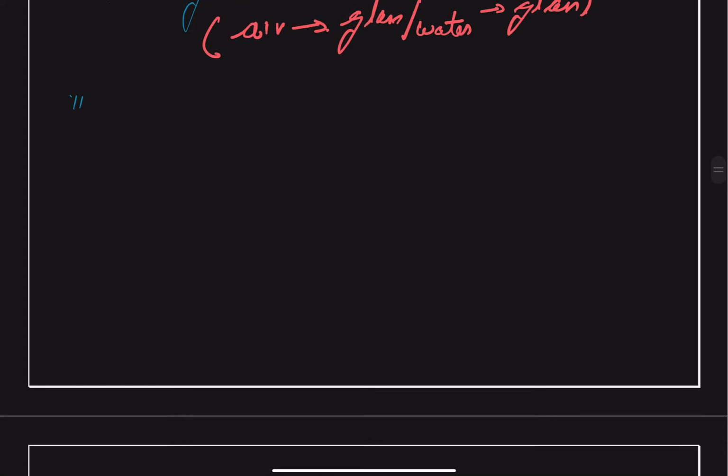Second, it is going to do a reflection, and in this reflection it is going to take place at a silvered convex surface.